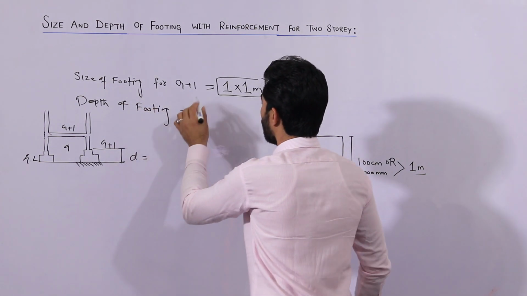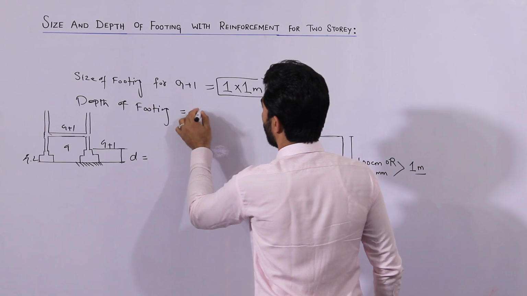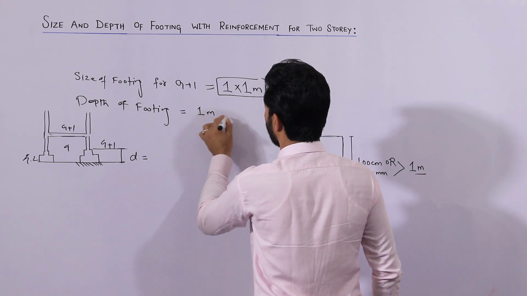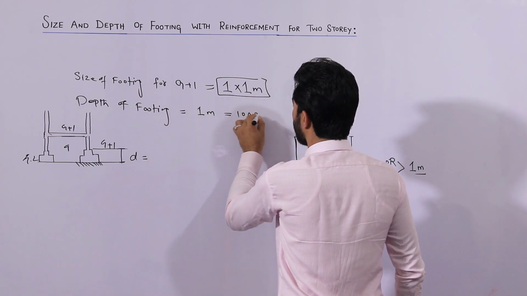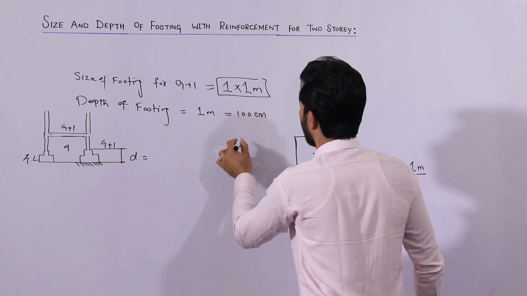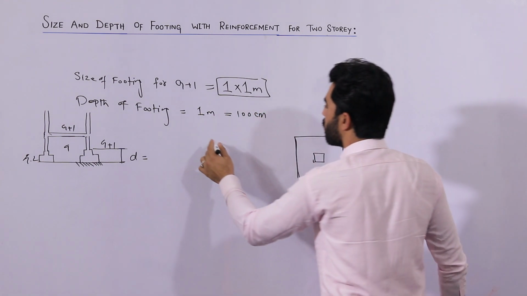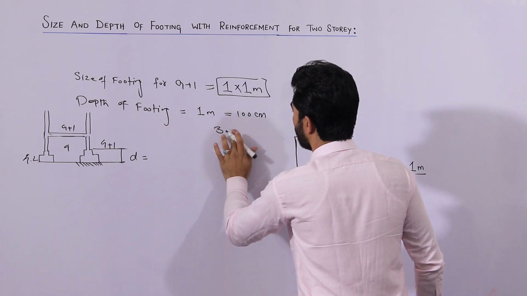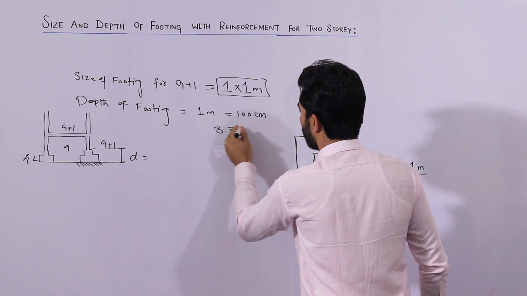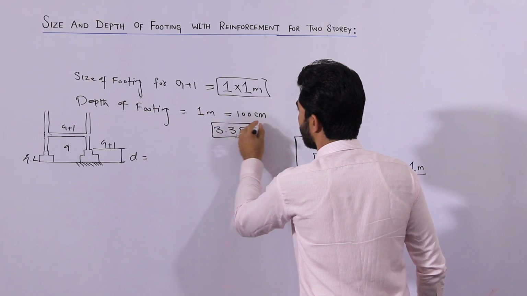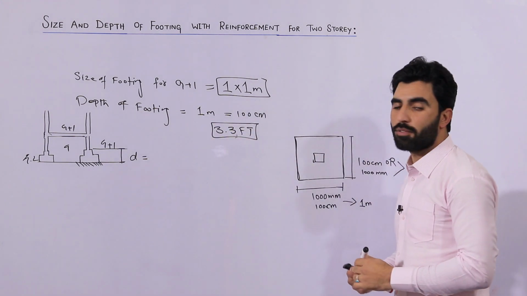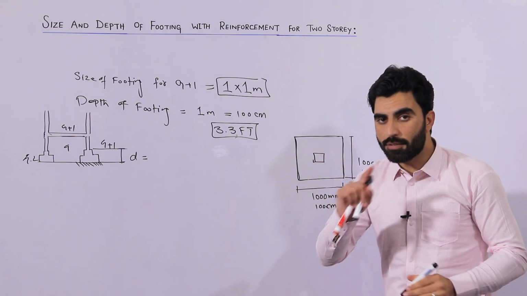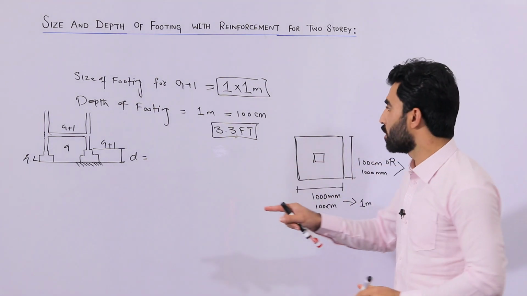The depth of footing should also not be less than 1 meter, or you can say 100 centimeter. If you want to use feet, it should not be less than 3.3 feet. This is the depth of footing for G plus 1 story, not for commercial building. This is for residential building.